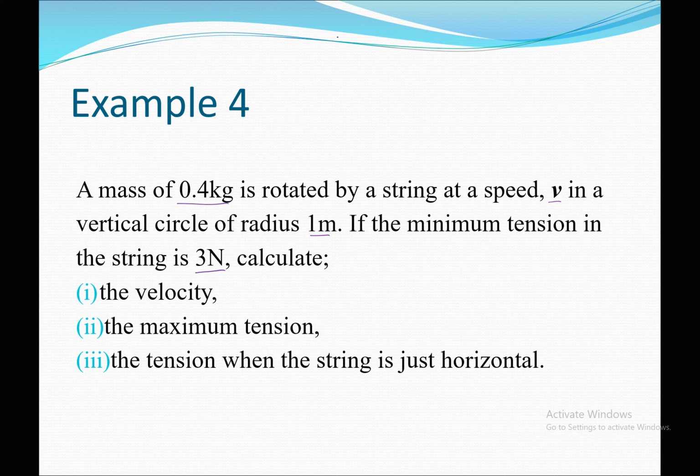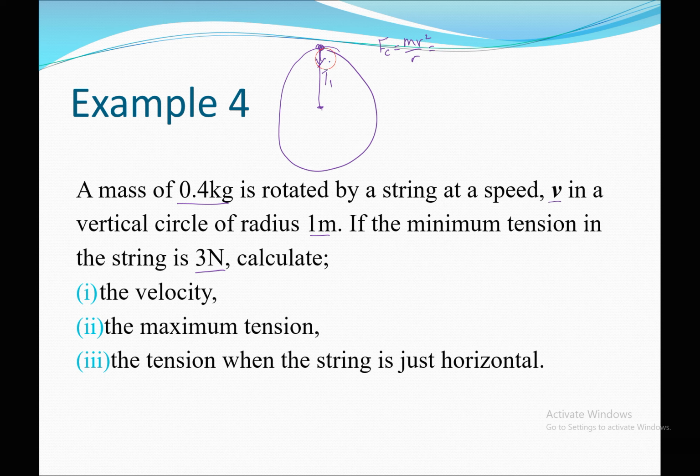And at the top of the vertical circle, if I remind you, that's where we have minimum tension. Let this be the center. I'll call it T1. And remember, we said centripetal force F_c was mv squared over r, which was the resultant.